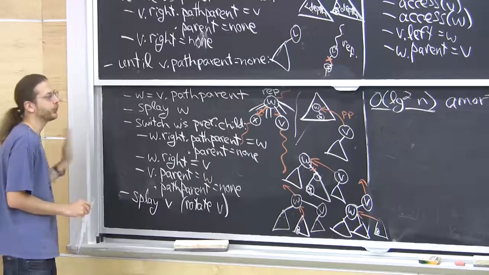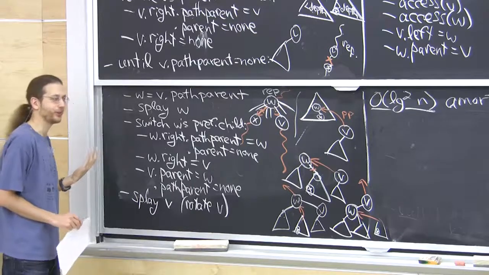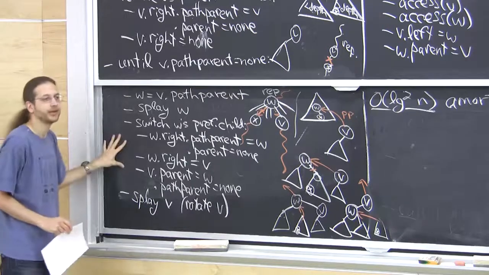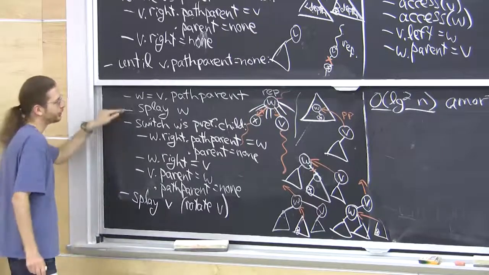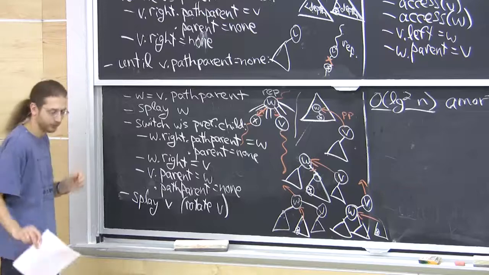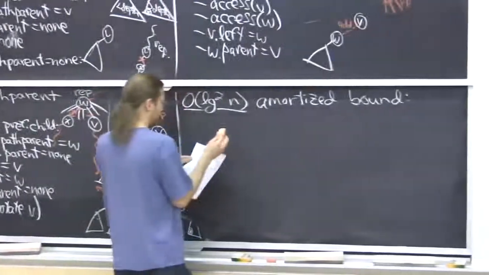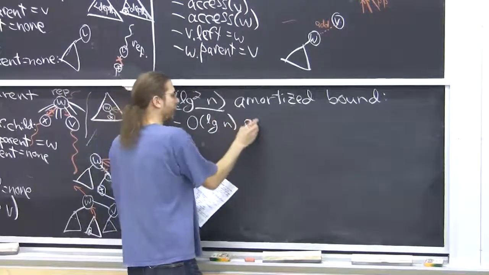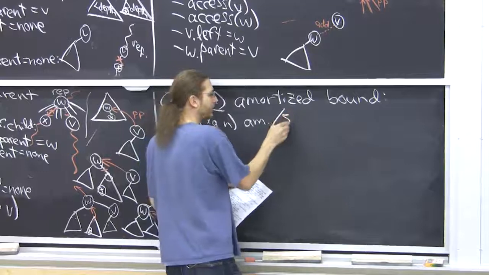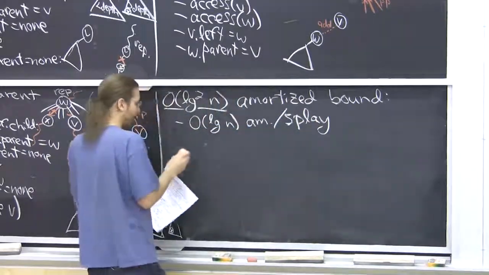It's one way to view it. Or you can observe the splay tree analysis that gives you log n, which we haven't actually covered in this class, still applies in this scenario. Even though it's not one splay tree, it's a bunch of splay trees. You can show each of the splays is order log n. So what that gives you is that we have, let's just say it's order log n amortized per splay. If you use splay trees or use regular balanced search trees, it's definitely log n.